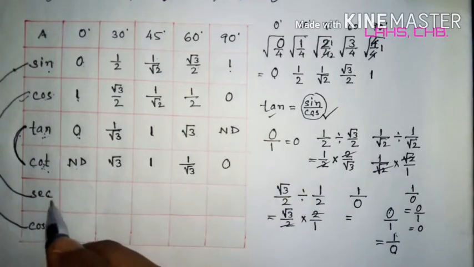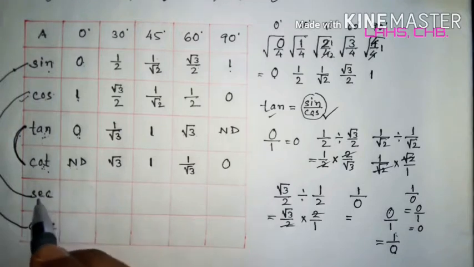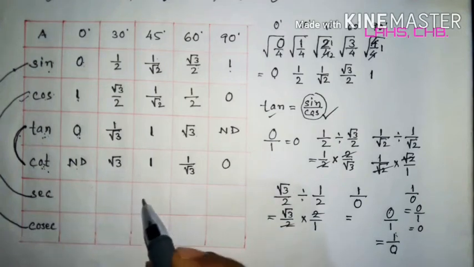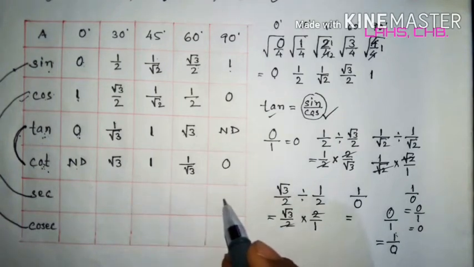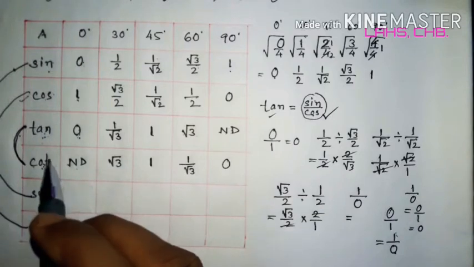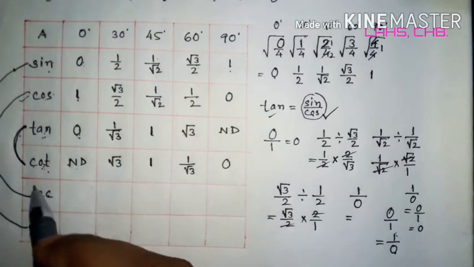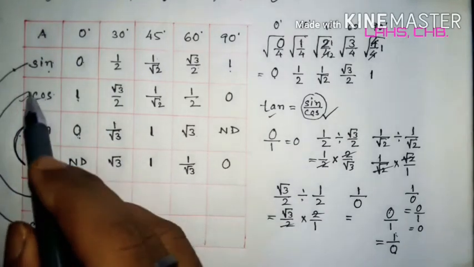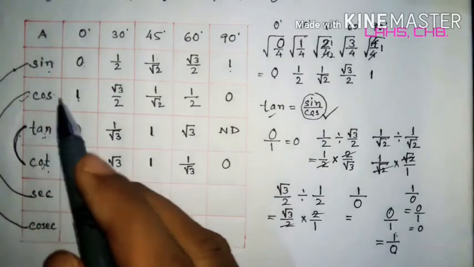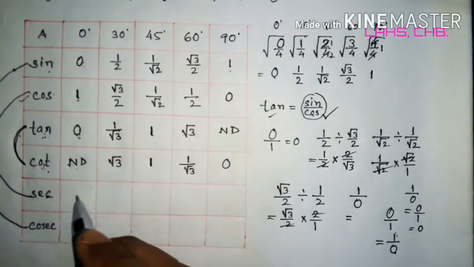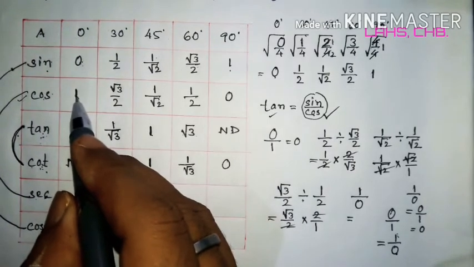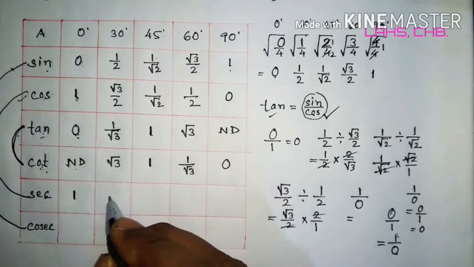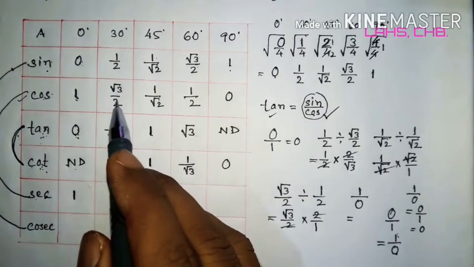Now see, the different values for sec ratios. In order to obtain sec 0 degree, sec 30, sec 45, sec 60, sec 90, we are going to make the reciprocal of cos value. See, sec I have already marked here, sec is the reciprocal of cos. So sec 0 degree value, make the reciprocal of 1. 1 reciprocal is 1. Sec 30 degree, make it reciprocal, 2 by root 3.